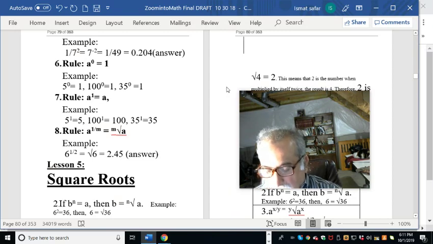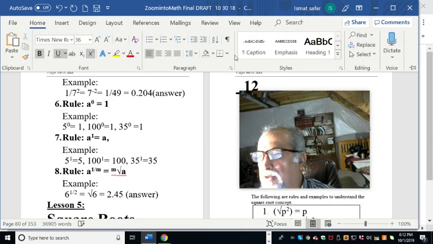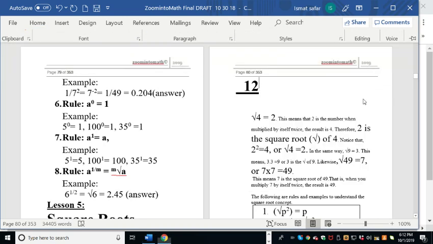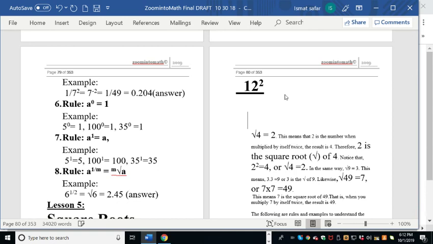If we have 12 to the exponent, let's say 2, then the rule says this 12 is the square root of what?